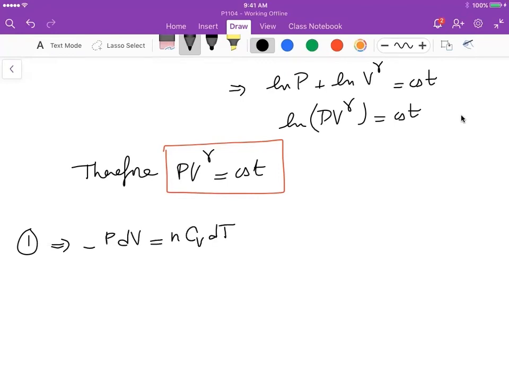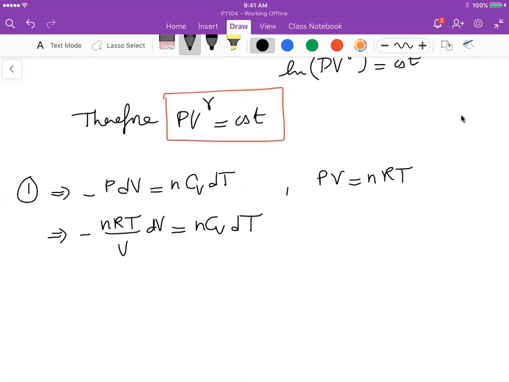Let's replace P by its value. We know from the ideal gas law that PV equals nRT, so we can replace P by nRT over V. This way we get rid of the pressure and we are left only with the variables volume and temperature. So we end up with minus nRT over V dV is equal to nC_V dT.